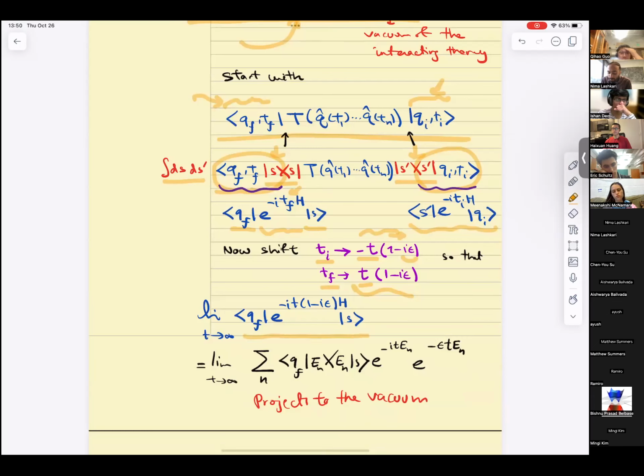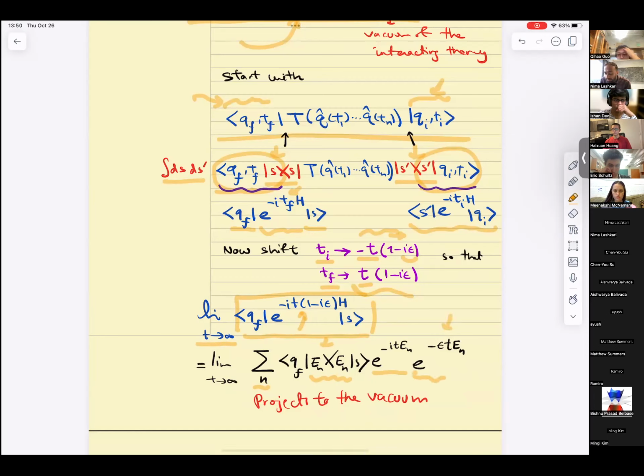Now, if I look at this object and take the limit of T going to infinity, let's expand this. In the energy eigenbasis, this looks like a sum over n of energy eigenstates E_n. Now, e to the minus i T E_n was the part that was oscillating.